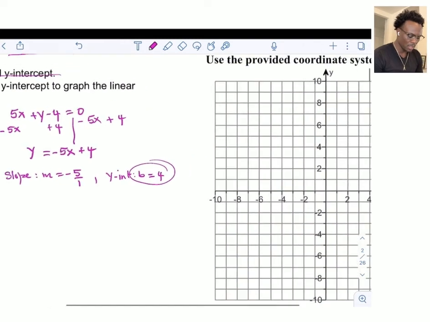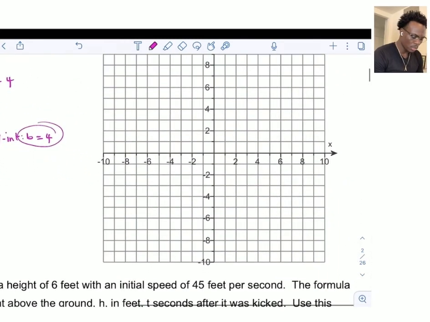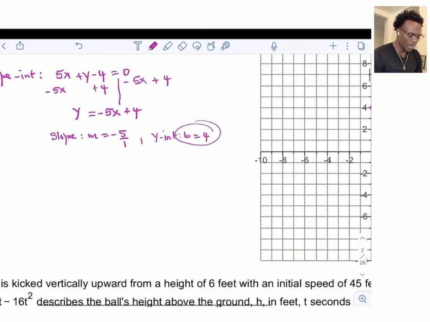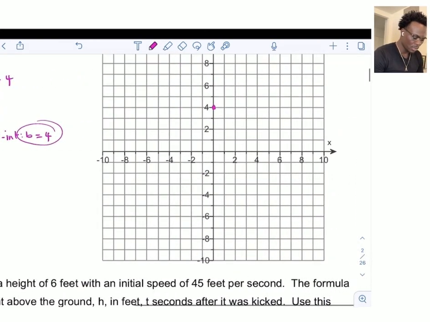The y-intercept is 4. Then from 4, you go down 5 because the slope is negative 5, and then to the right just once. So from those 2 points, I can connect and draw the line.